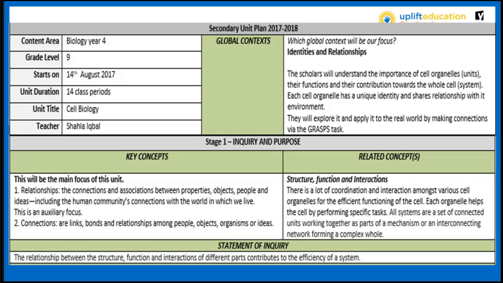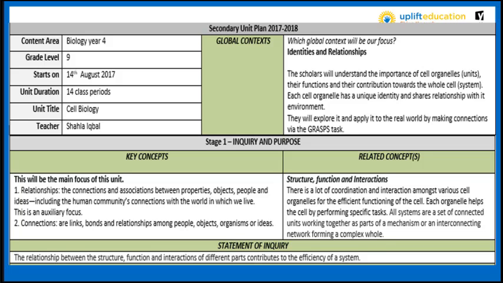In this case, I have chosen identities and relationships, where the students will understand the importance of the cell organelles, their functions, and their contributions towards the whole cell or system. Each cell organelle has a unique identity and shares a relationship with its environment. So they will be able to explore it and apply it to the real world by making connections via the GRASPS task.